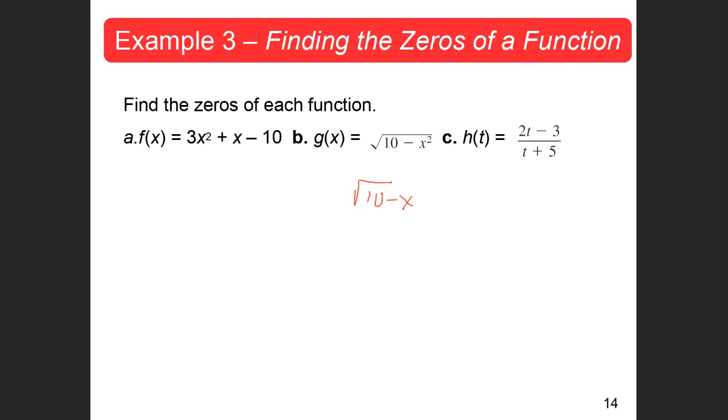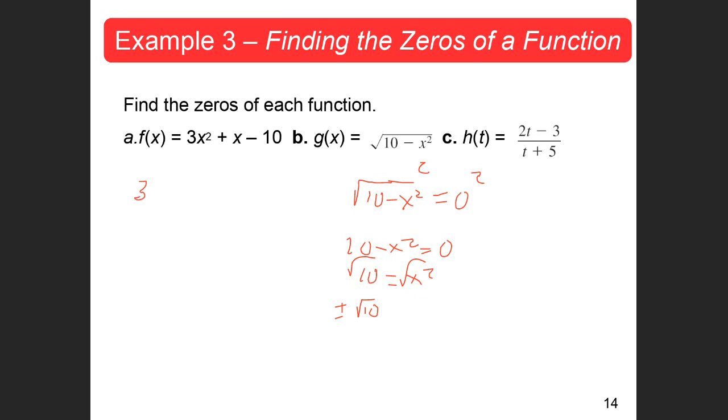So 10 minus x squared is equal to 0. I'd bring the x squared over, so 10 is equal to x squared, take the square root. So I'd end up with plus or minus the square root of 10. We've been solving polynomial, radical, and rational functions this whole time. So if they ask you to find the zeros, it's just asking you to set it equal to 0 and solve.